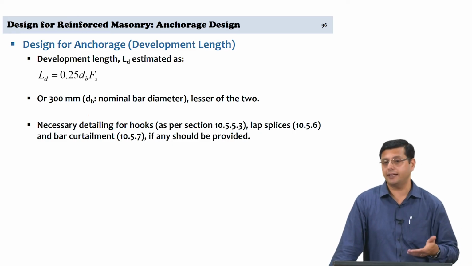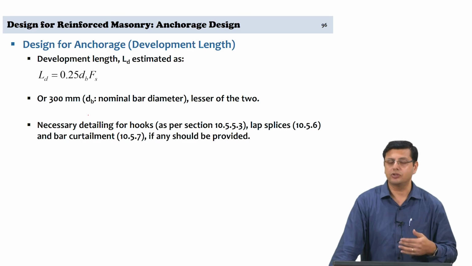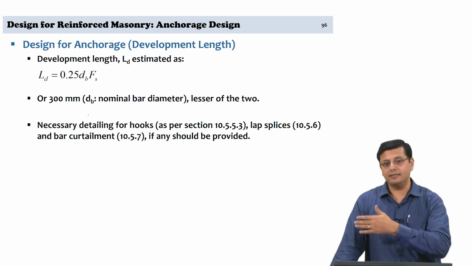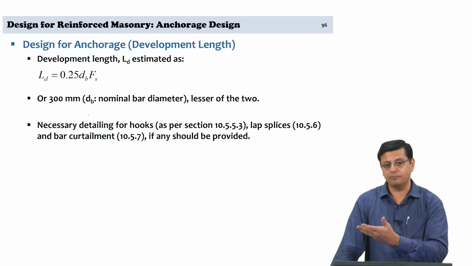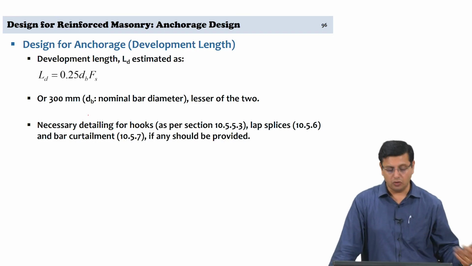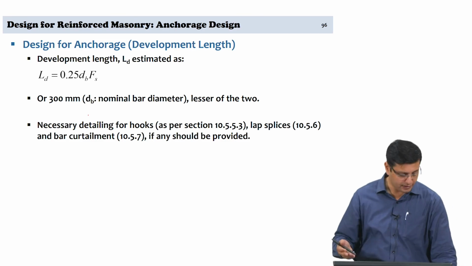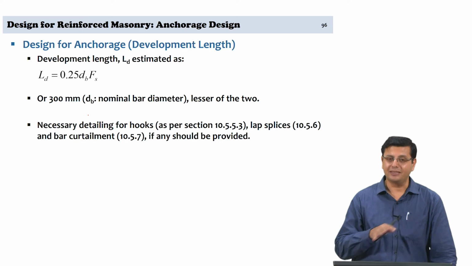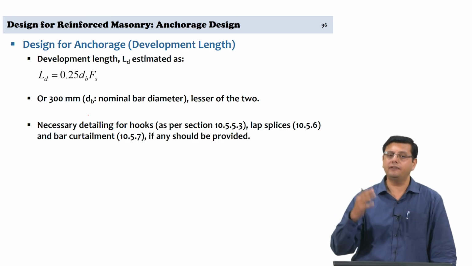Bar curtailment is again allowed for as in reinforced concrete, where if the expected demands are lesser than the M max, the maximum moment, then you are allowed to go in with bar curtailment. So these prescriptions in the detailing stage have to be adhered to, and with that the component level design is complete.